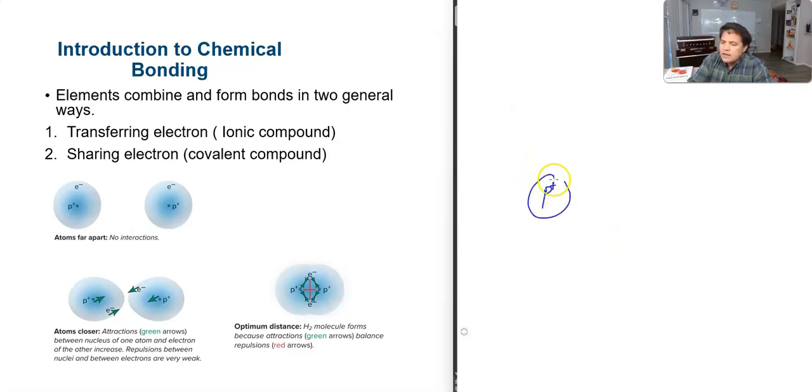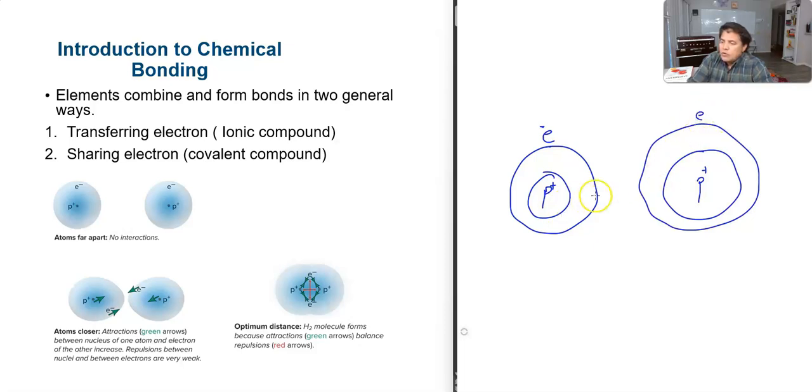Okay, let's see that. What does sharing mean? One atom has a proton and one electron, and the other also has a proton and an electron. In the covalent bond, instead of sharing the electron, this proton will attract its own electron. This proton also will attract the electron of the other atom.